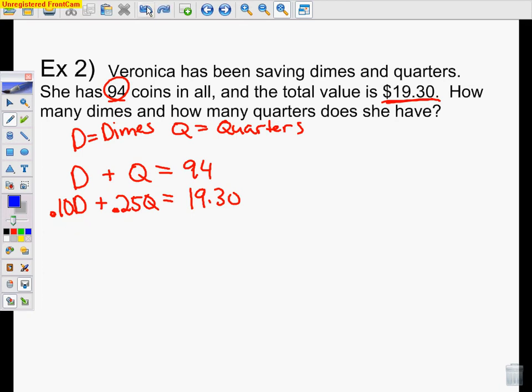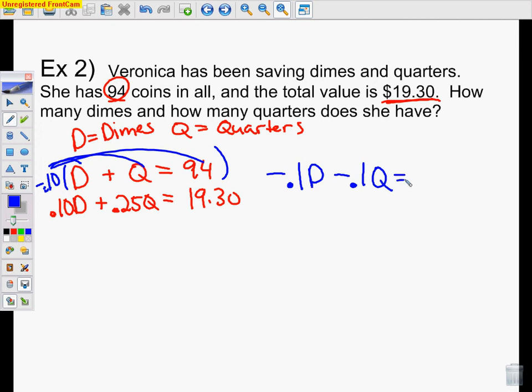Yeah, a negative 0.10D. So let's multiply through by negative 0.10, or negative 10 cents. Remember, we're going to multiply through everything. So the new top equation would be negative 0.1D minus 0.1Q equals negative 9.4. Bottom equation, I'm going to keep the same.